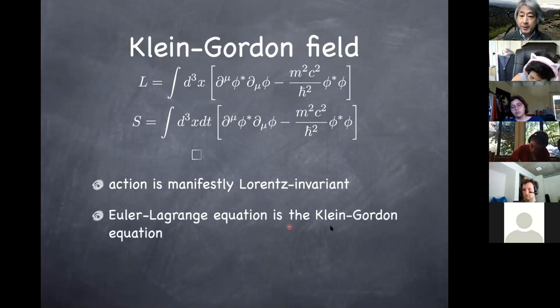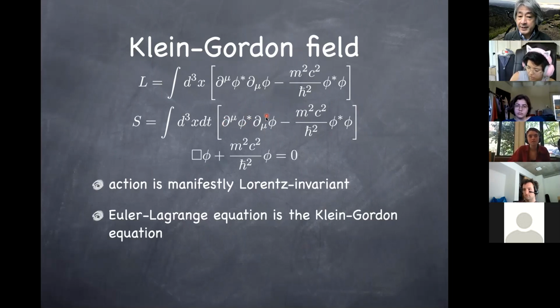And then you can derive the Lagrange equation very easily by taking the small variation of phi, by taking variation of phi star and acting this derivative on the other side by doing integration by parts. I have del mu with a minus sign from integration by parts. That's a D'Alembertian with a minus sign. Variation with respect to phi star gives you m squared c squared over h bar squared times phi with a minus sign.